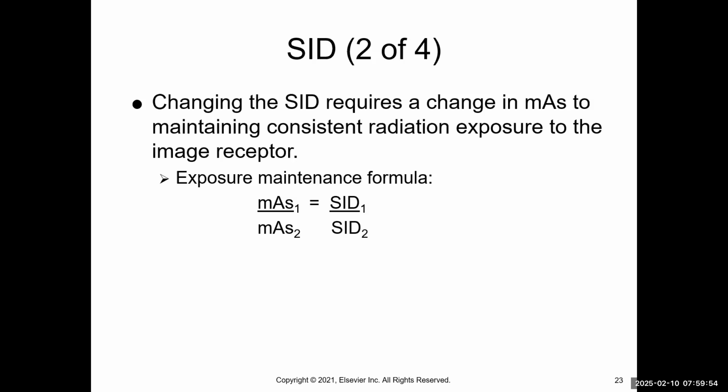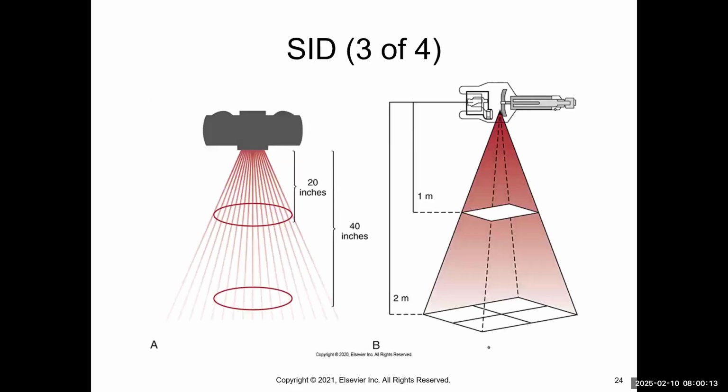If your distance goes down, then your mAs can go down. So it's direct. You can use mAs 1 over mAs 2, or you can say new over old. In this case, it would be old over new. It doesn't matter as long as you keep them in a direct relationship.